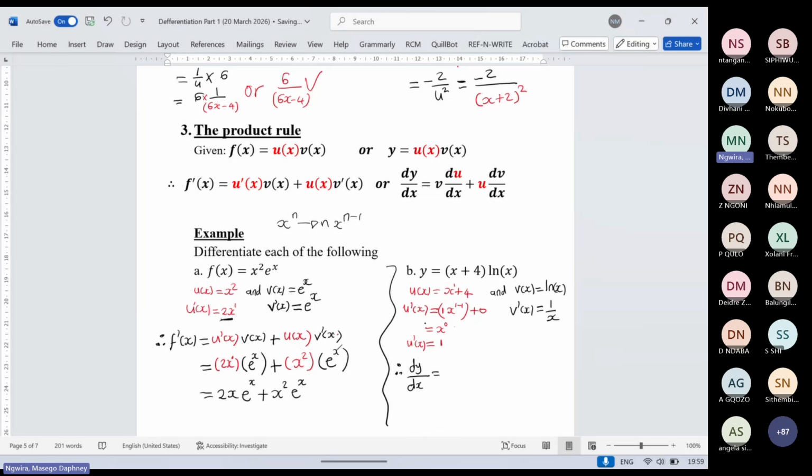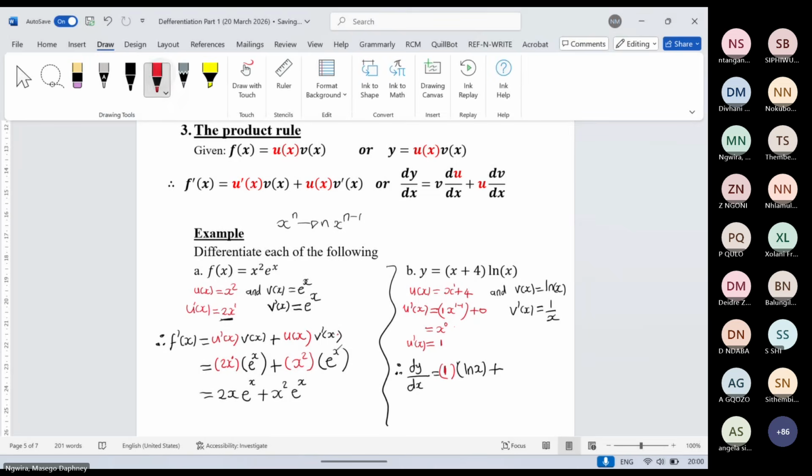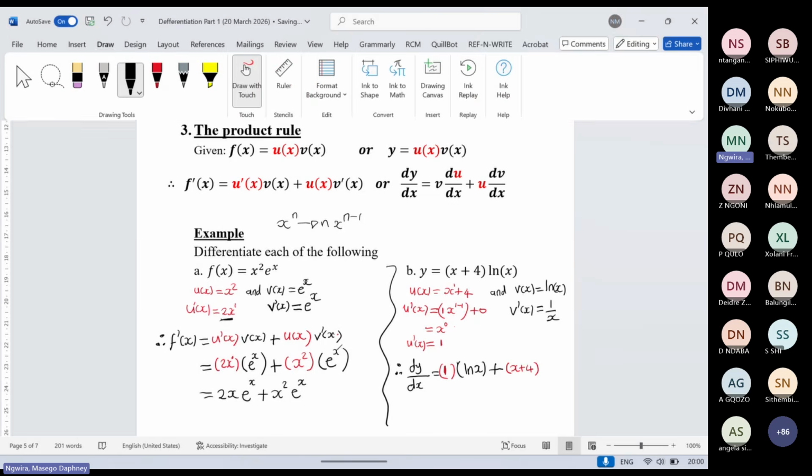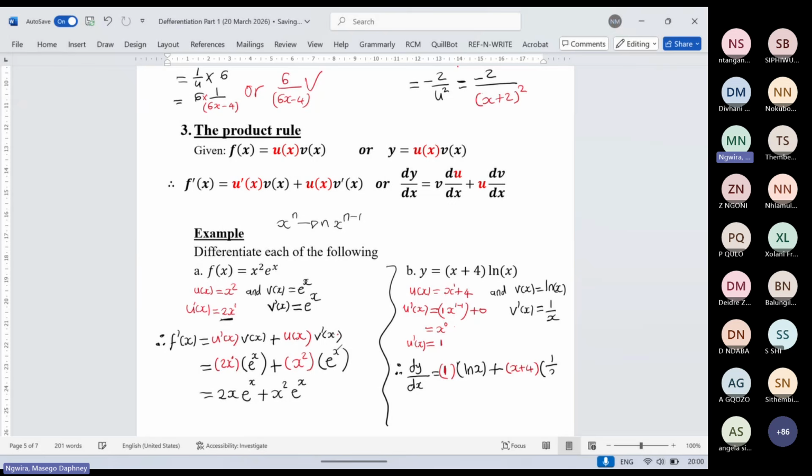My u prime of x is 1. It's 1, and then in brackets v of x, which is ln x, plus u of x, which is x plus 4, and then in brackets our v prime of x, which is 1 over x.